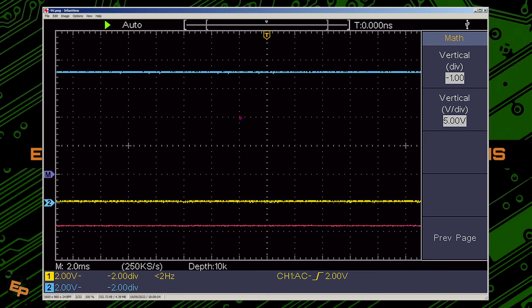When I flipped polarity and applied the same battery but in reverse, I have the exact opposite. I have the yellow voltage very close to the ground, the blue voltage at some 9 point something volts, and therefore relative to the mathematical 0 we have minus 9 point something volts. And so this is how everything works.